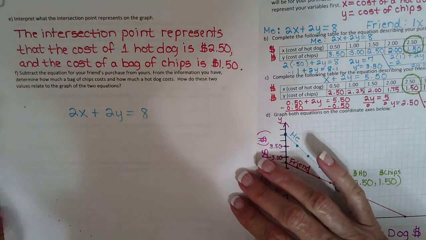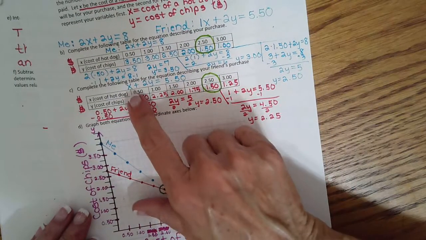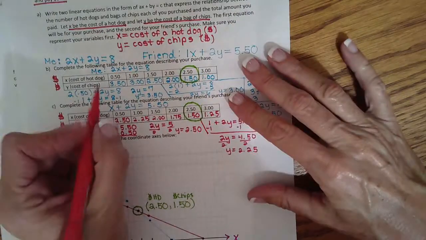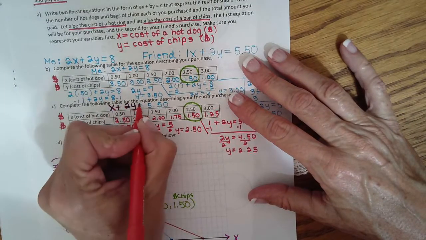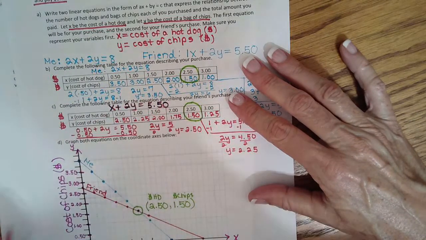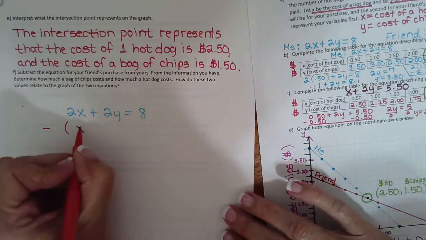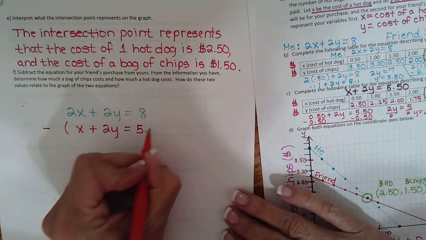And we're subtracting my friend's equation, which was x plus 2y equals 5.50. x plus 2y equals 5.50.